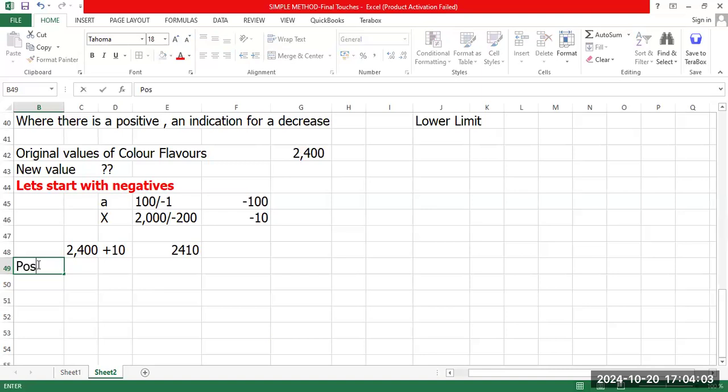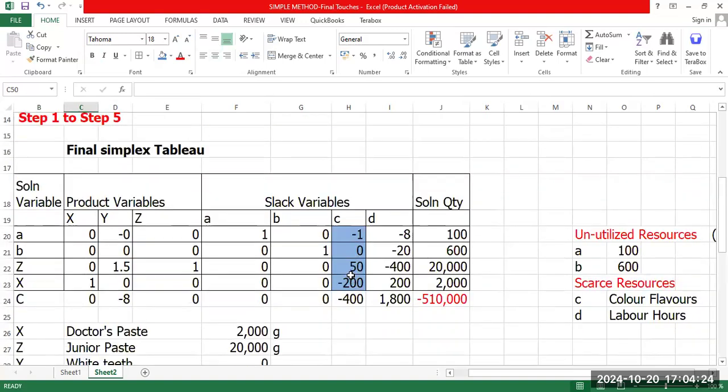Then let's see positive values. Remember, positive values are going to help you to get the lower limit. How many positive values do we have?